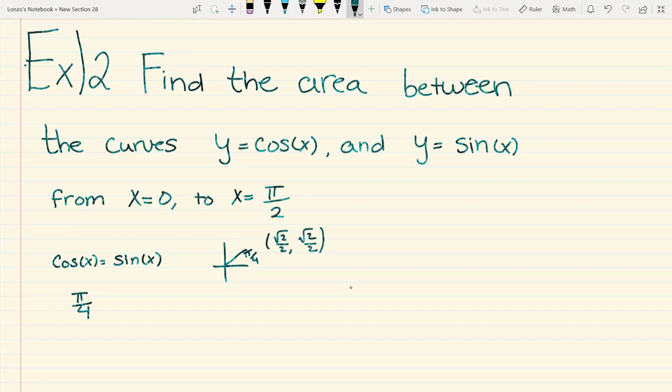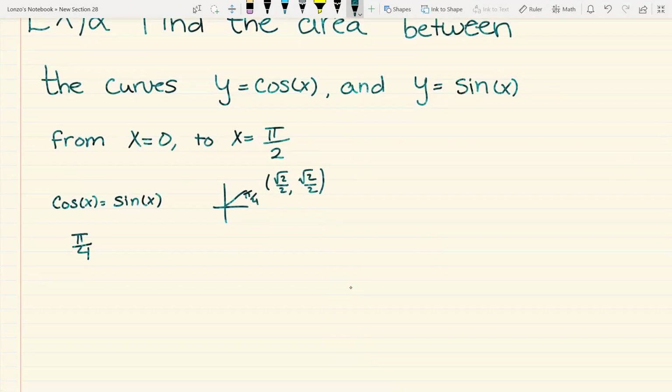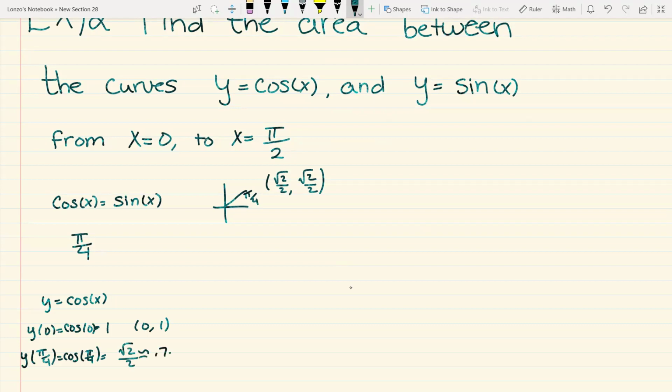Okay, so let's kind of make a table. Here's our function y equals cosine of x. Let's plug in 0. That would be cosine of 0, which is 1. So that would be 0, comma 1. And then if I plug in pi over 4, cosine of pi over 4 is radical 2 over 2, or about 0.707.